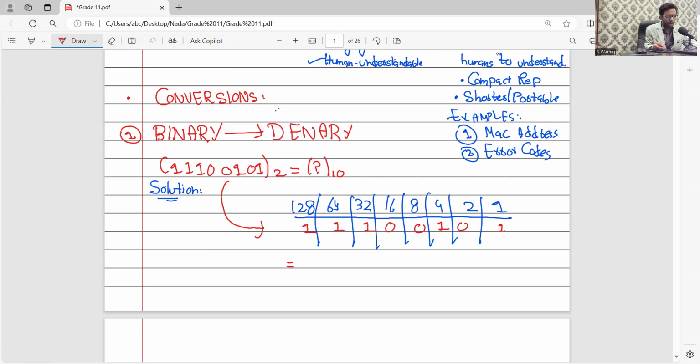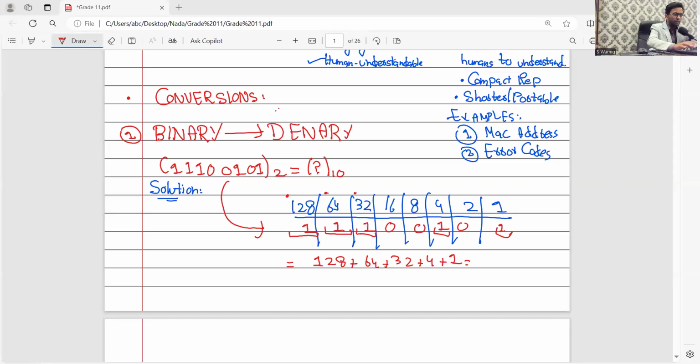So for example, this one is on, the value right here is 128. So I'm going to take 128. I'm going to take 64. I'm going to take 32, 128 plus 64 plus 32 plus 4 plus 1. I took all of those values that are on, that are 1.